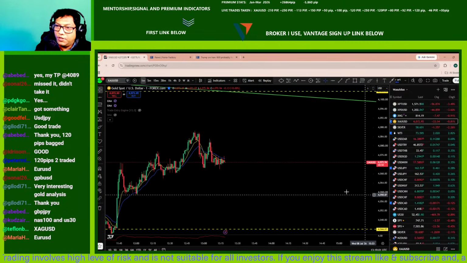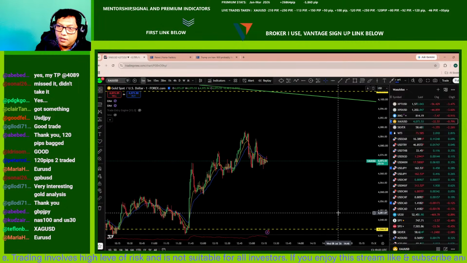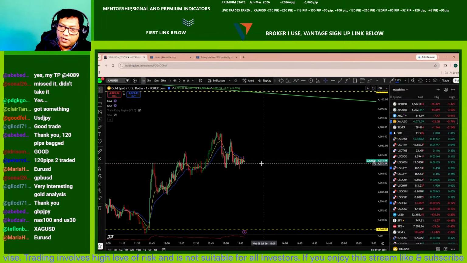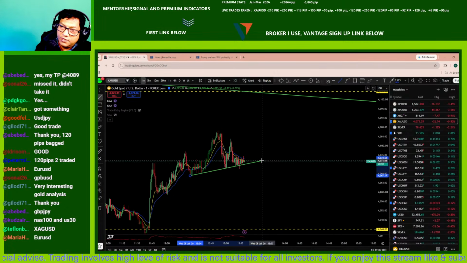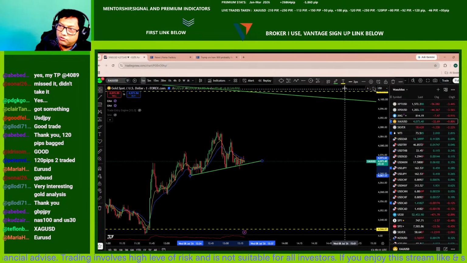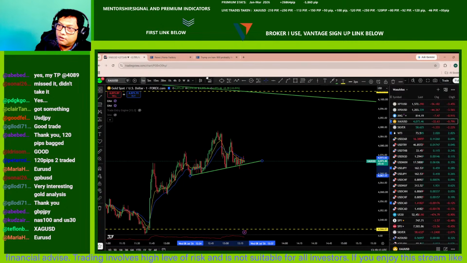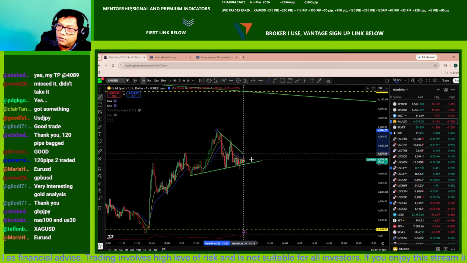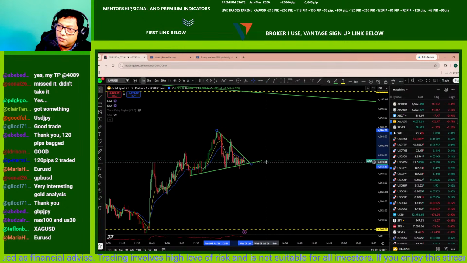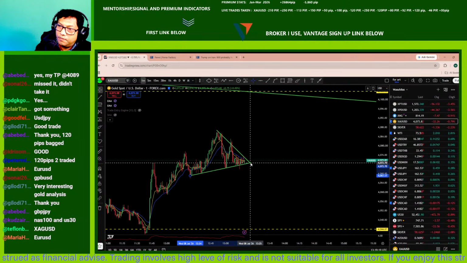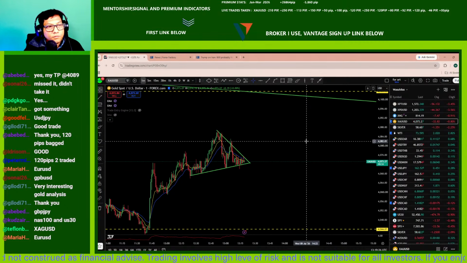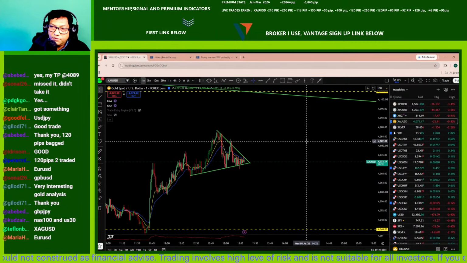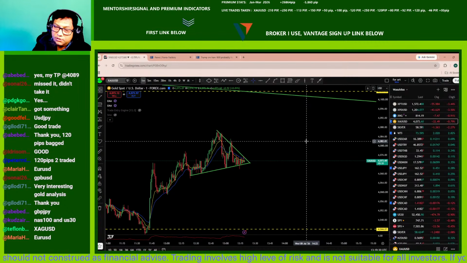Once we see confirmation of this trend, we can look for a sell. But here you can see this is currently still maintaining an uptrend, but a very interesting, weird structure has been created.